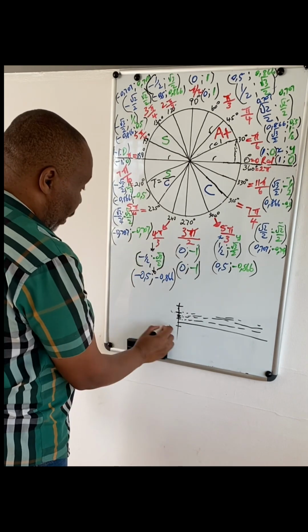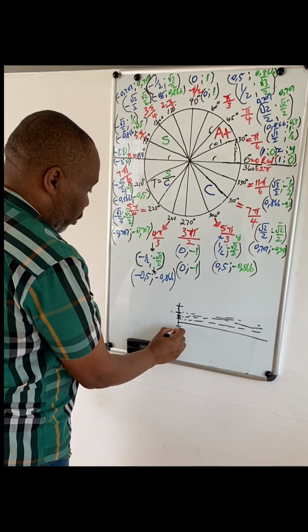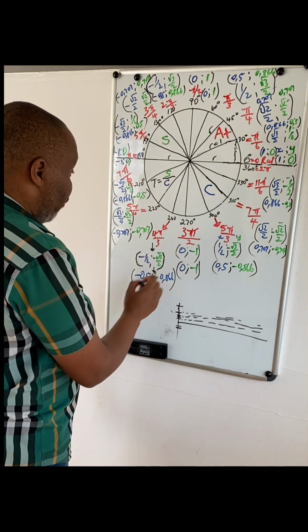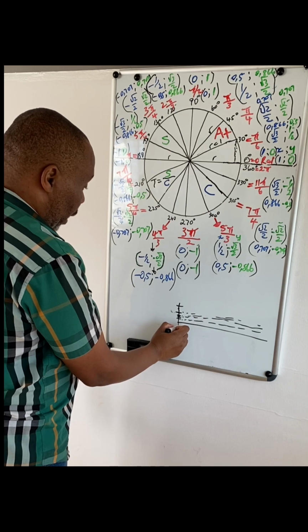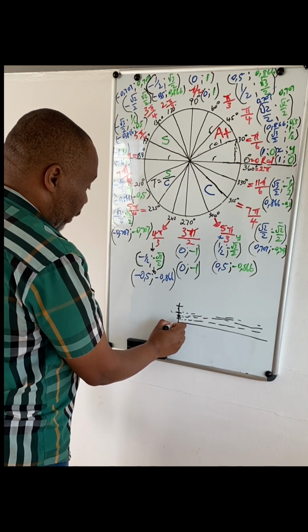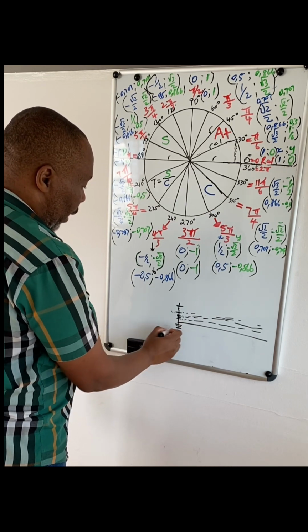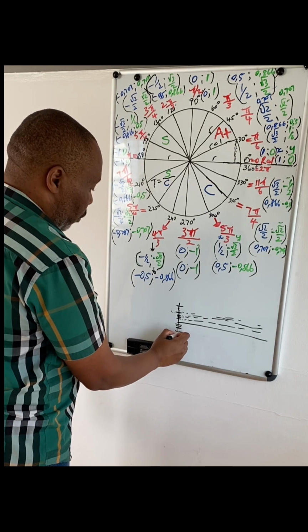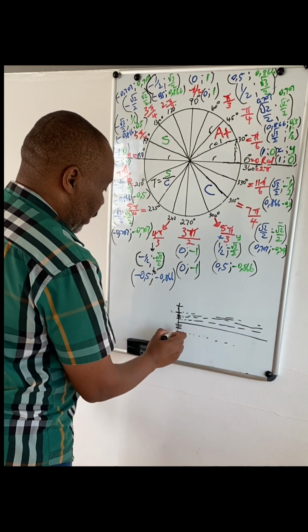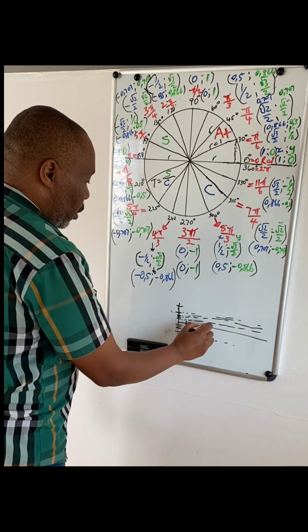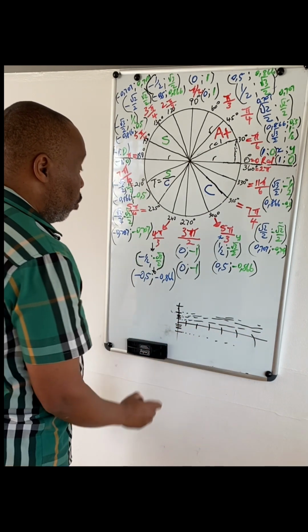We also have minus 0.8, put it here. 0.5 would be here, and then we have our 1 value here. This is for 1, and then we use these values here to plot the graph.